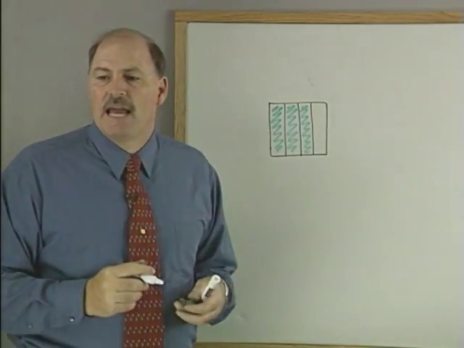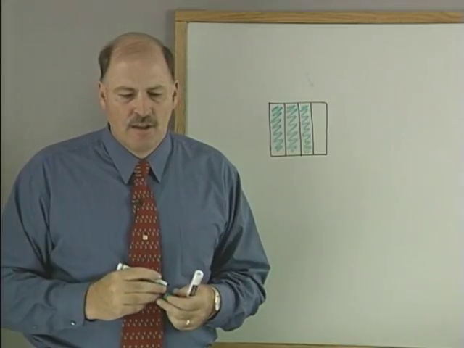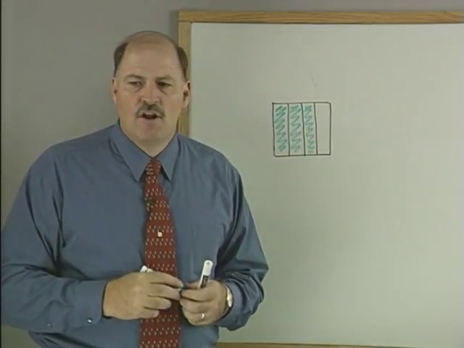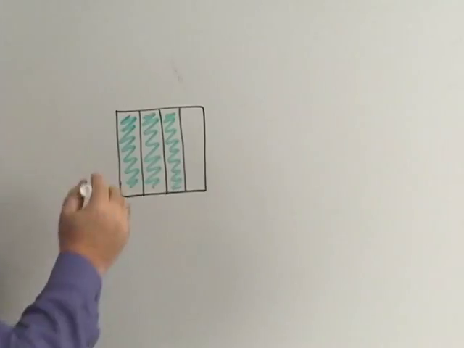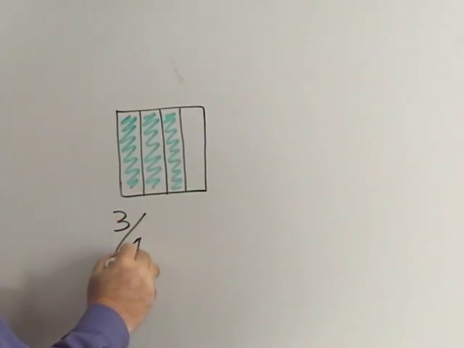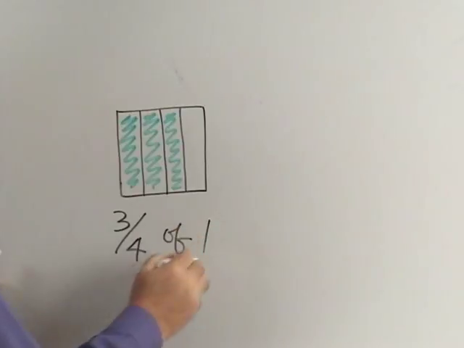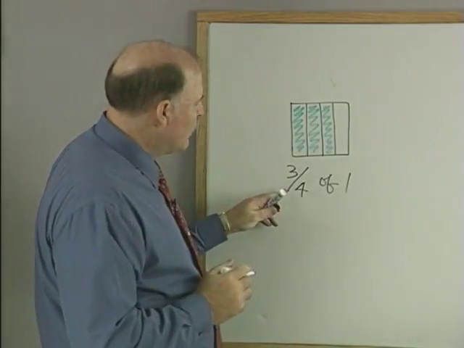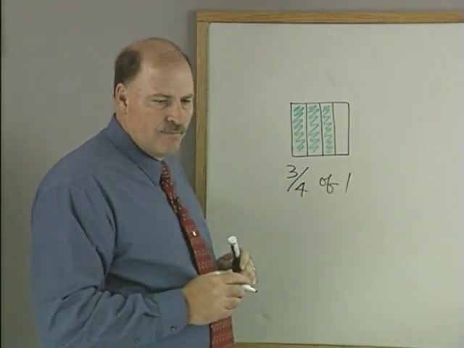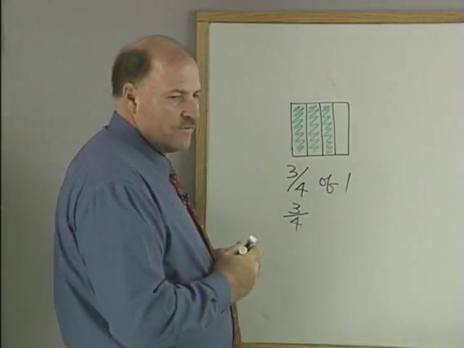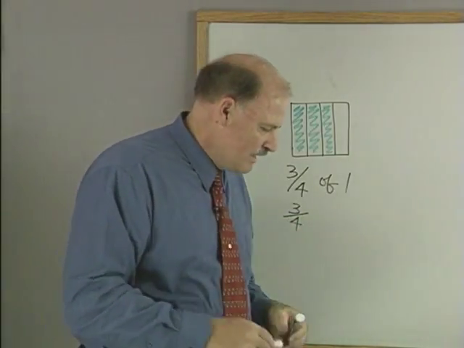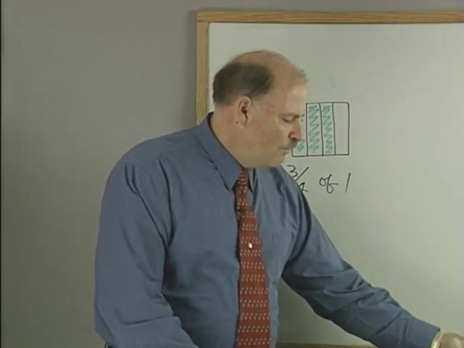Okay, write down my numerator. What do you think it is? 3. So what you would write is, this whole thing is 3/4 of 1. Now, can I write that line at an angle like that? Yes. This is the same as 3/4, so don't get nervous if you see the angle. It's the same thing.